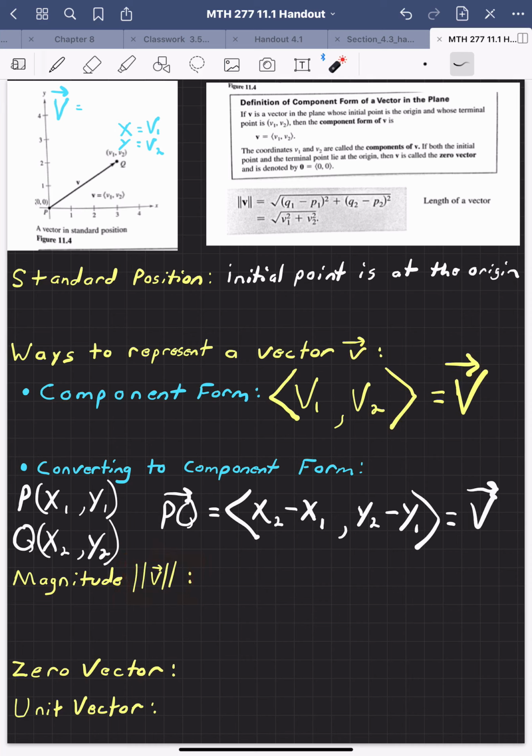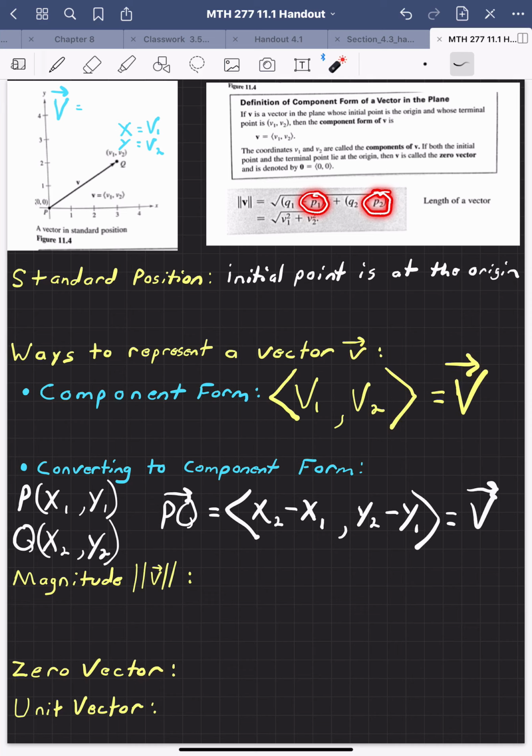But if you follow me up here, normally the magnitude, now that we're dealing in a plane, is thought of by using the distance formula. But imagine, if you have your vector in standard position, stay with me, do you agree that your initial point is at the origin?